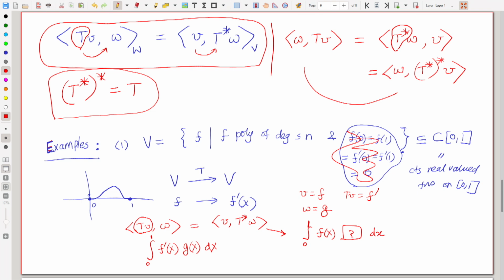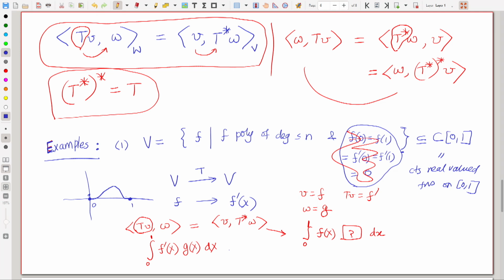How will I do that? In the integral of f prime x g x dx, I want to make that f prime go away and become an f. So let's do integration by parts, which introduces a minus sign.